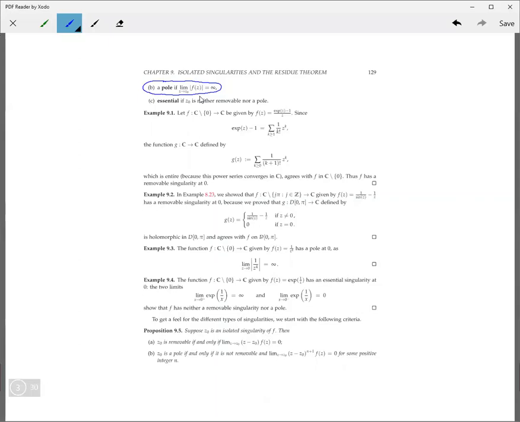Okay, so let me give you a couple of examples of that one. So one example would be 1 over z minus 3.